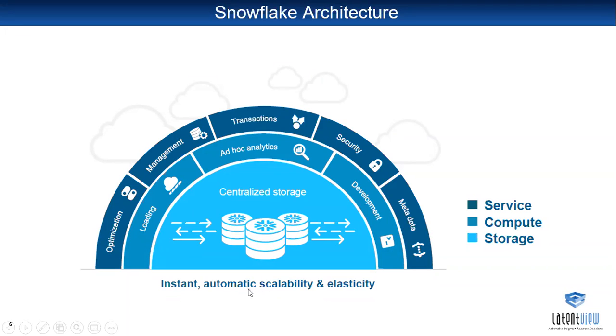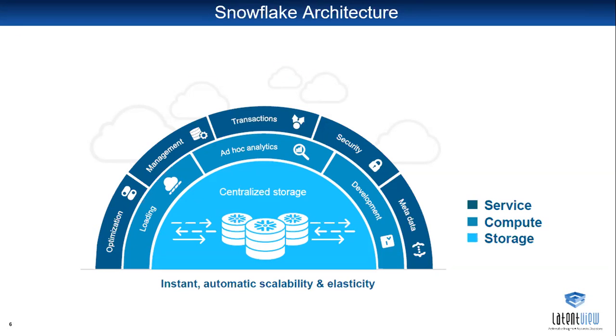And this capability depends on, as I said, the different pricing structures: standard, enterprise, business critical, and virtual private Snowflake. You can choose what you want according to your requirement, and depending on that, it will increase your scalability and elasticity. I guess elasticity is available only in the higher two versions, that is business critical and virtual private Snowflake.